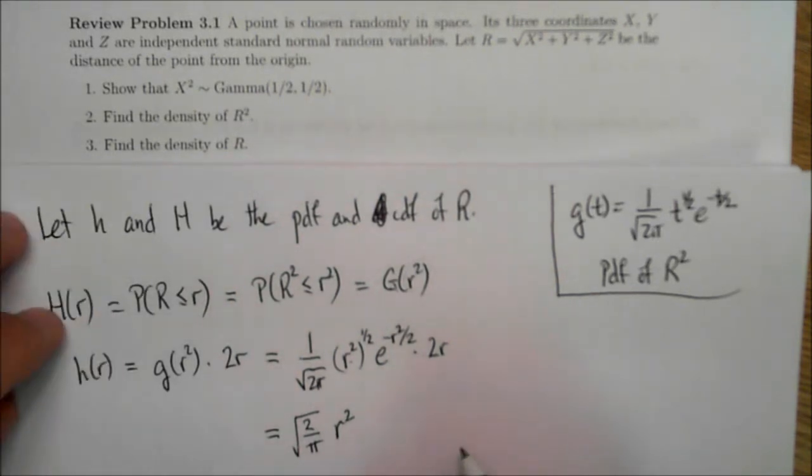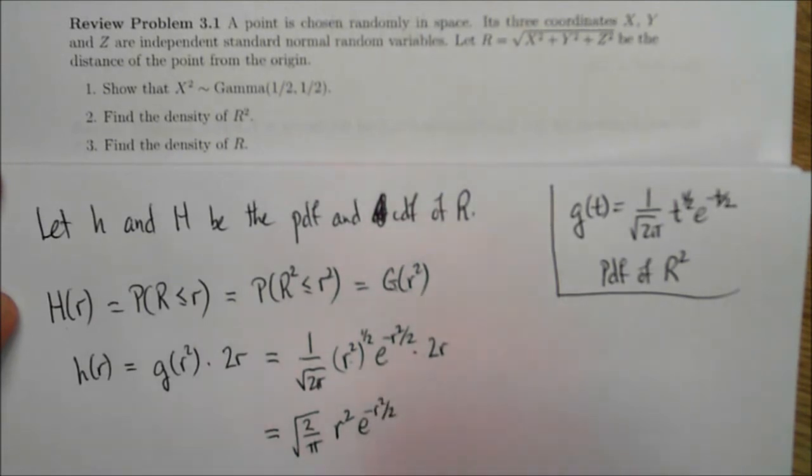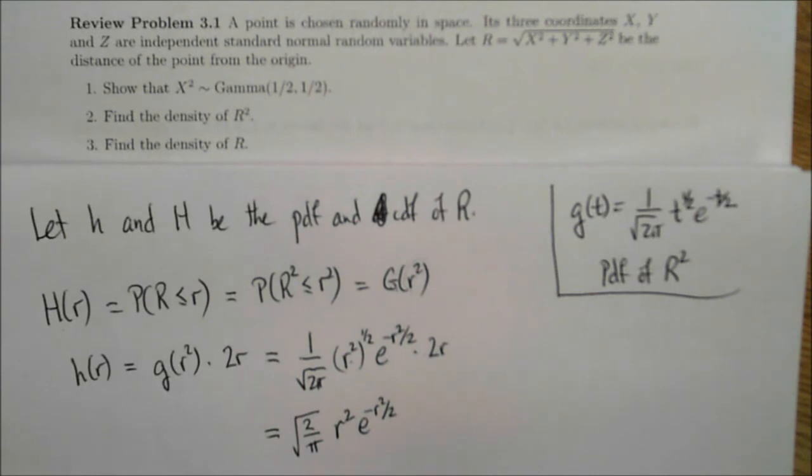And next we have e to the minus r squared over 2. And so that is the PDF for the distance r.